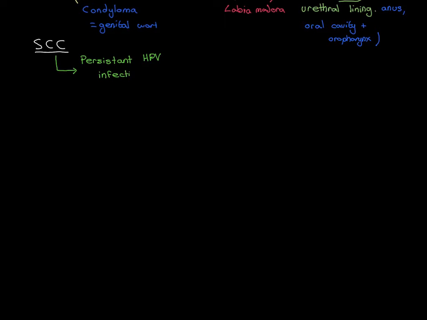Now, there are two different types of mucosal HPV that could cause a persistent HPV infection: the low-risk HPVs and the high-risk HPVs. Let me discuss what happens in each case. You can get a persistent HPV infection of the ectocervix squamous stratified epithelium with a low-risk HPV, or with a high-risk HPV. If you get a persistent infection with a low-risk HPV, this does not cause cancer.